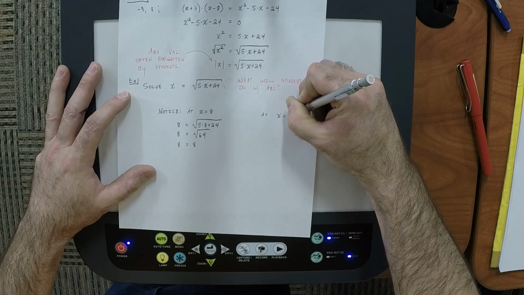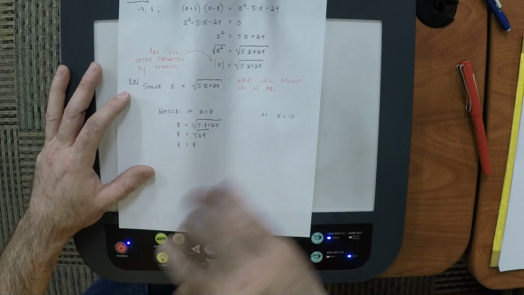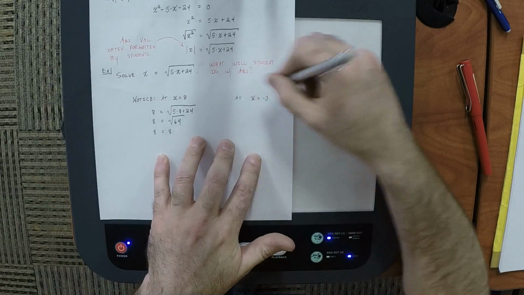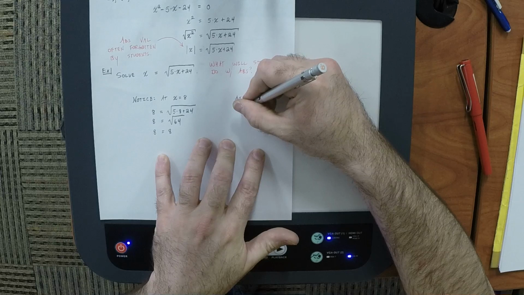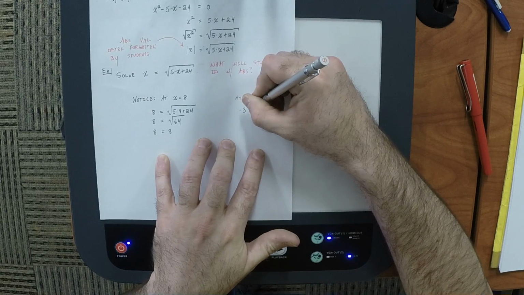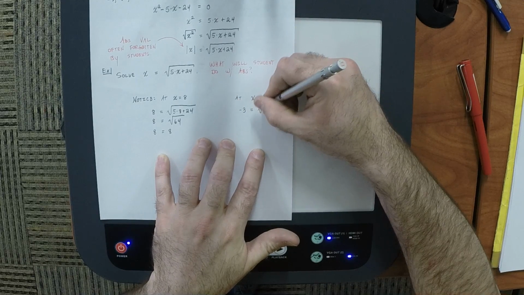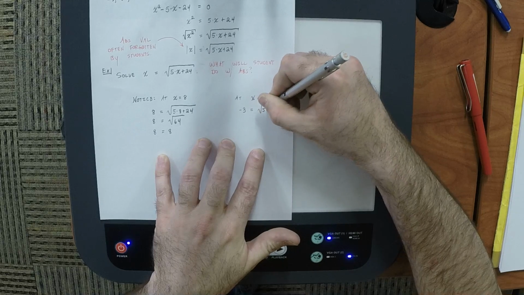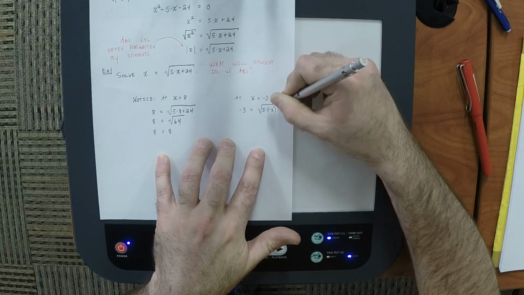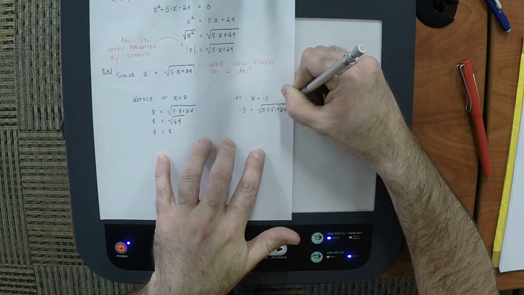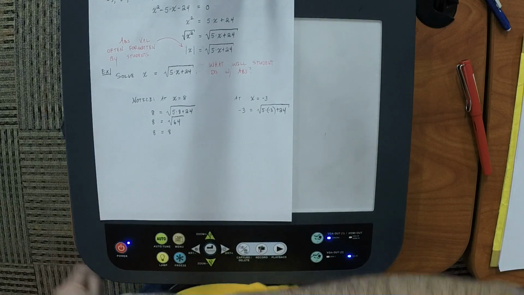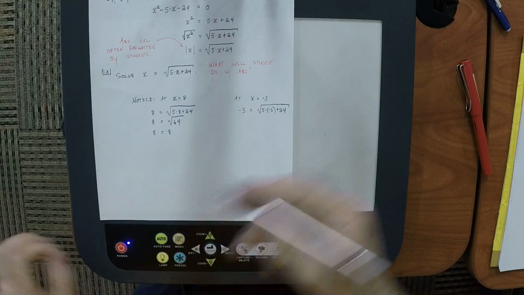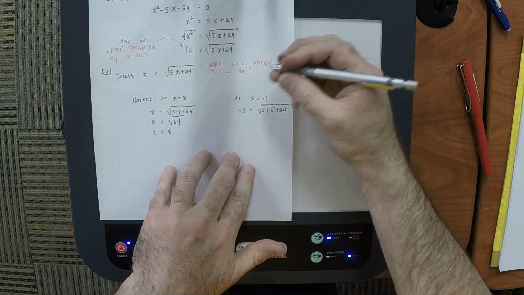At x equal to -3, and again, this is not the solution, if you plug in -3 to both sides, you obtain the equation -3 is equal to square root of 5 multiplied by -3 plus 24. Well, 5 multiplied by -3 is -15. Add 24 is 9.